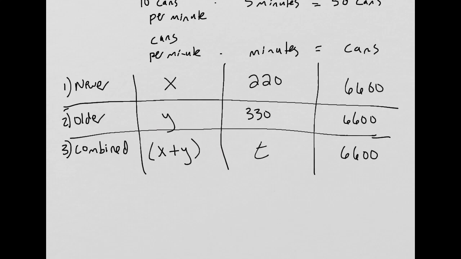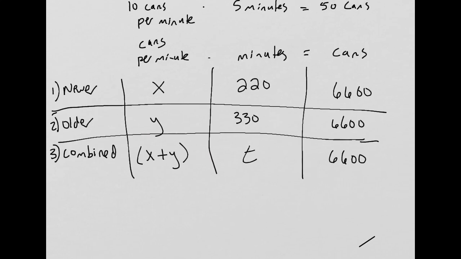So we can produce several equations from the rows of our table. The first equation, when we look at the first row: if I take the newer machine's work rate times the number of minutes that I give it, that should equal 6,600. In other words, X times 220 has to equal 6,600.